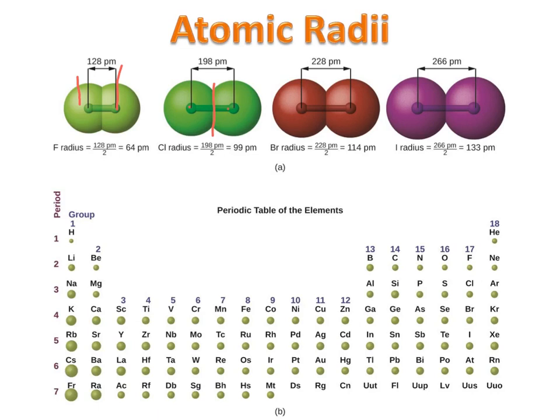But notice, even though there aren't any numbers on here, from lithium going over to neon, they get smaller. So as we go from left to right, the trend is to get smaller. The radius goes down.